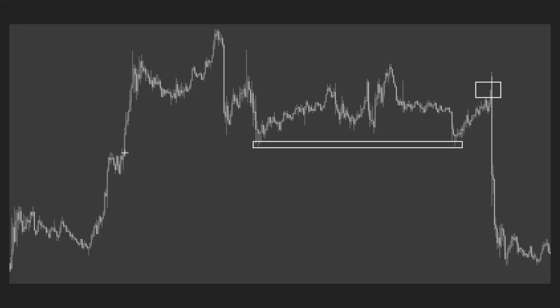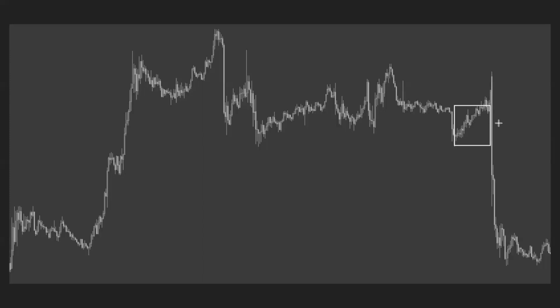You've also got this fresh or untested liquidity, so it's a perfect false break setup. And the move down into the level is also ideal. It doesn't look particularly impulsive, given that this whole section of price action is totally compressed.